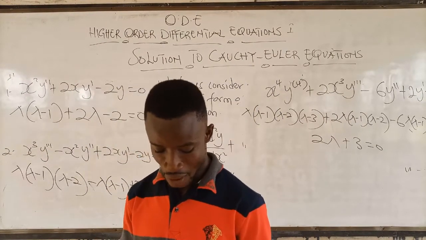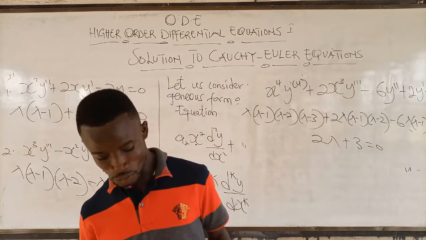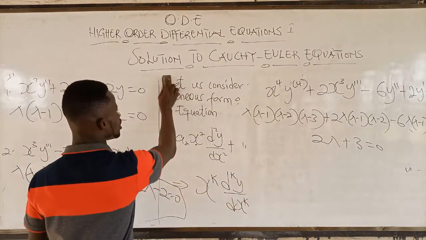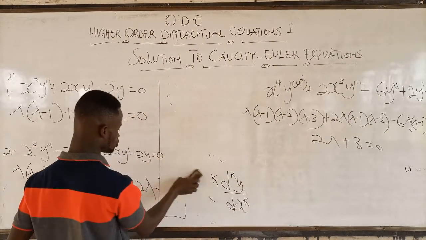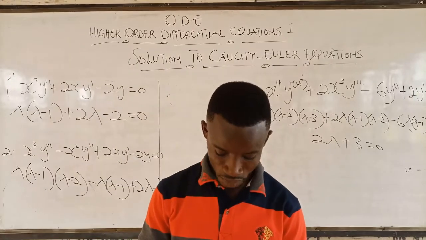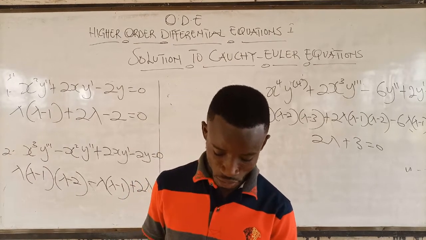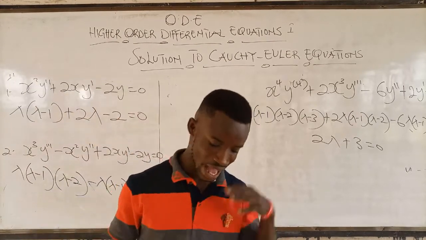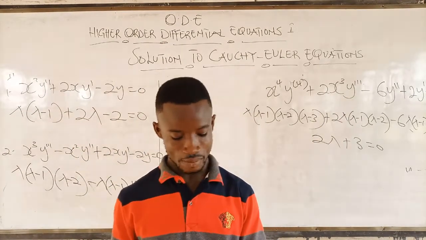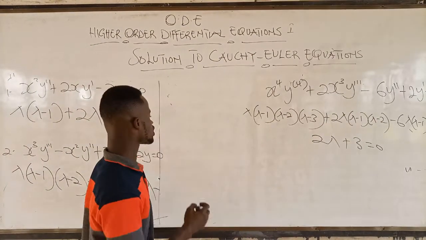Alright, so our next step, we are going to look at how to find the general solution. But here we are going to be using the same idea that we did in our previous video about constant coefficient. But what we will be doing is that we are not going to leave the general equation like this.